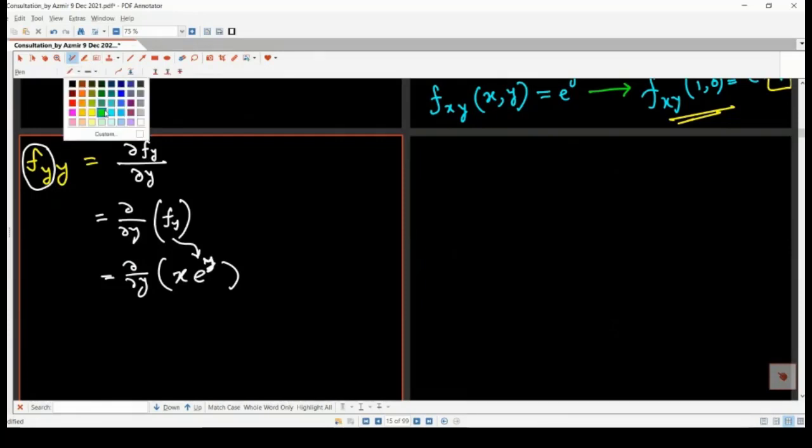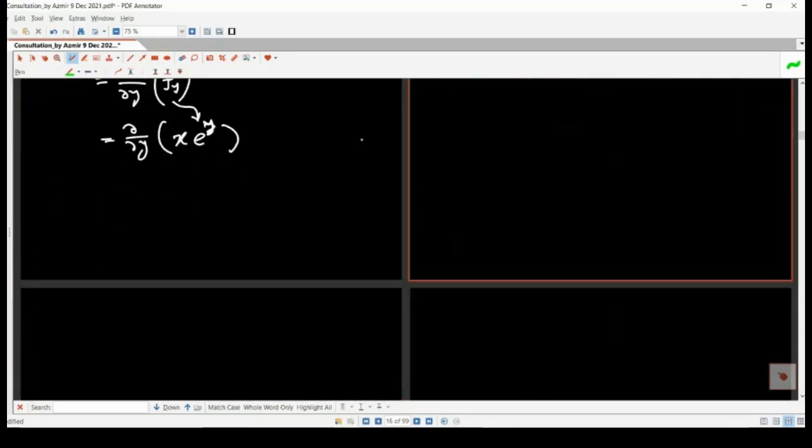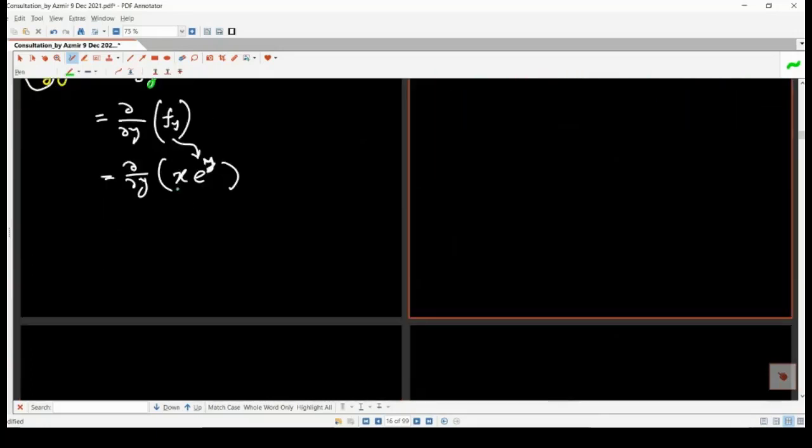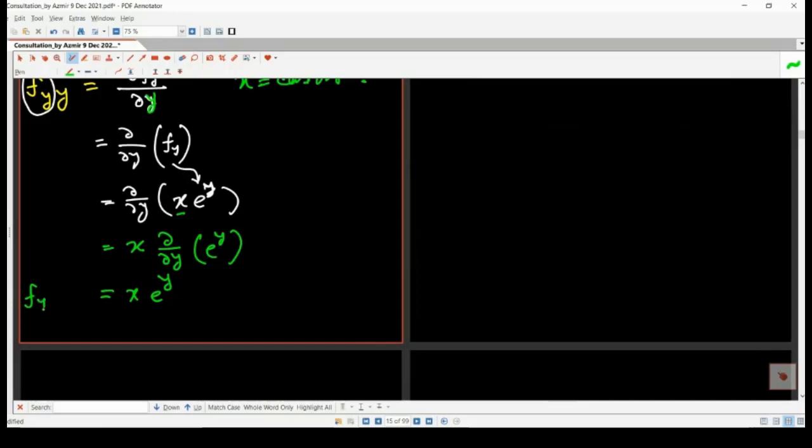Now you have to understand we are differentiating in terms of y. So x is constant. Since x is constant, we can pull out x before the derivative. So x times the derivative of e power y with respect to y will be the same. So we have found f sub yy at x comma y.